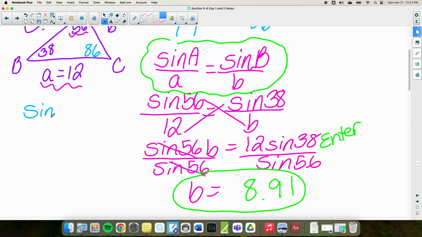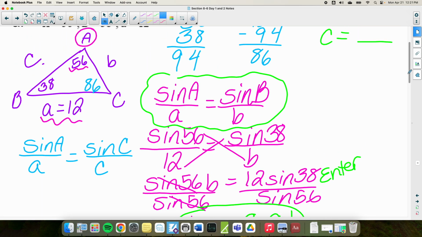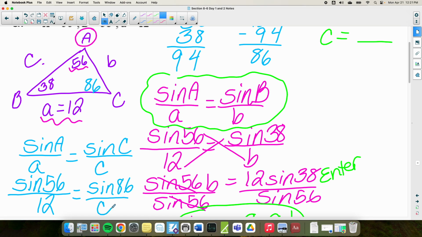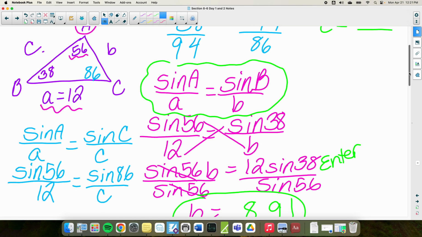I'm gonna go sine of A over little a, just like I did here, but this time I'm looking for little c, so it's gonna be sine of c over little c. Okay, then I'm gonna substitute in what I know. Angle A is 56, little a is 12, sine of c is sine 86, little c is what we're looking for.